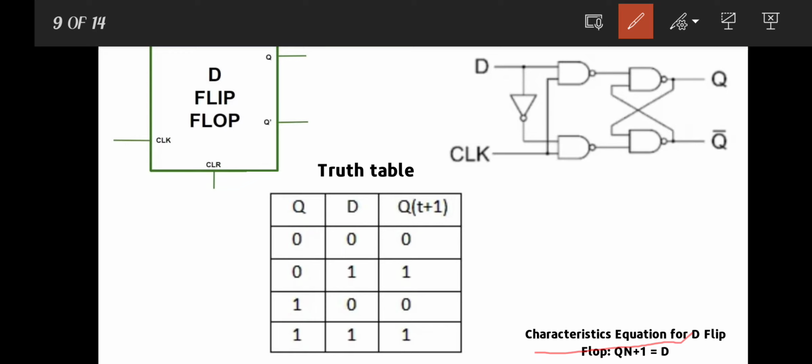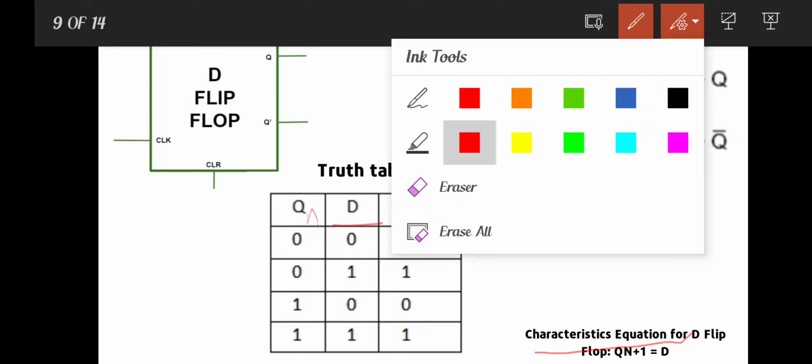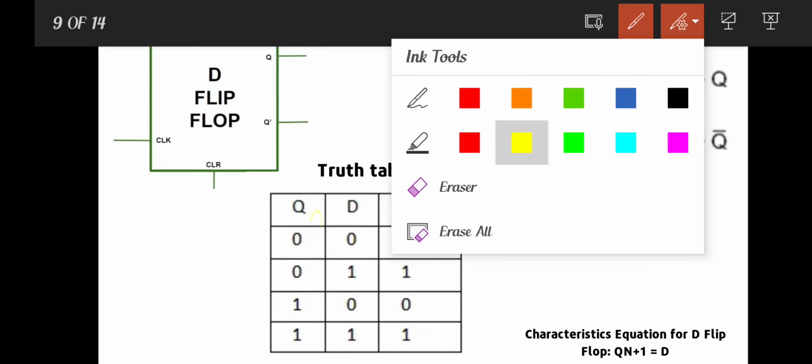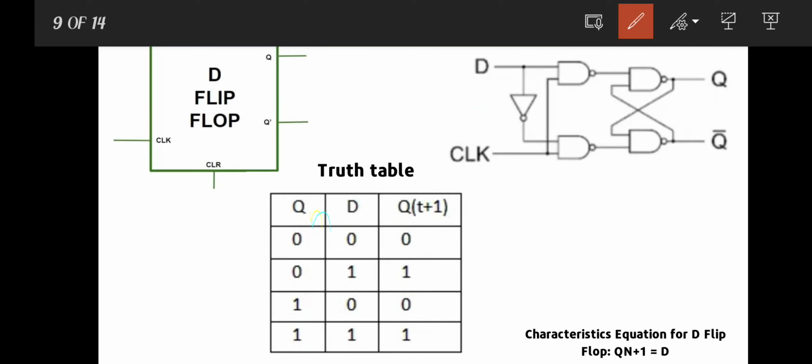Let's see the characteristic equation of this D flip-flop in terms of the present state Qn and D input. So here for the two variables Qn and D, we have a total of 4 input combinations.